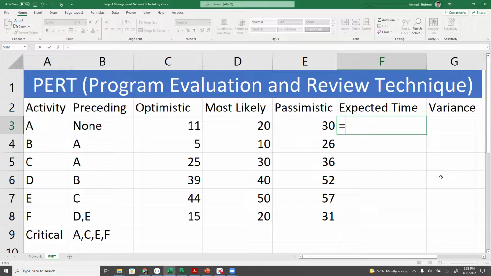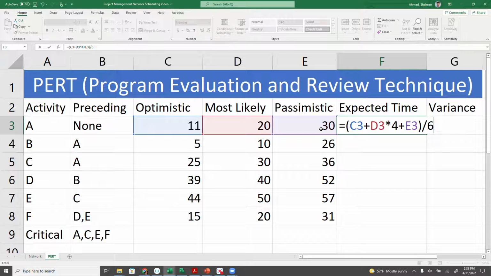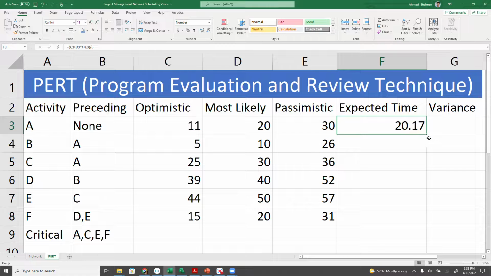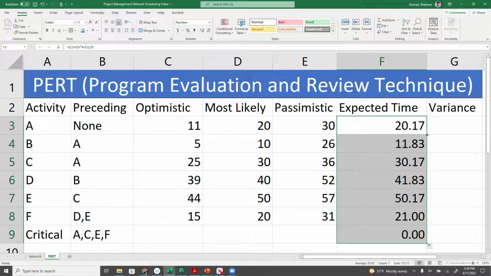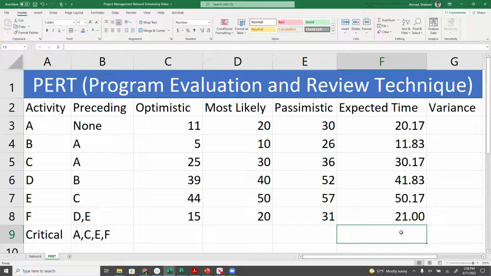So the expected time formula is basically the optimistic time plus 4 times the most likely time plus the pessimistic time, divided by 6. We're just trying to find an average. You see, we added basically 6 numbers total here. So that's the expected time. I'm going to copy that down for each activity.